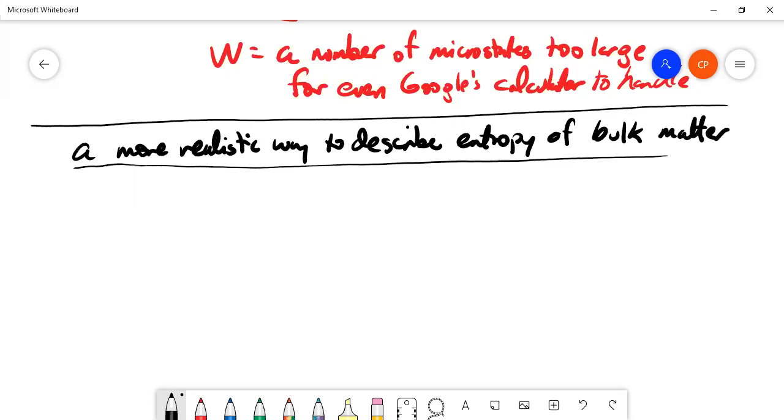And let's talk about it in terms of a glass of water, and let's consider what happens when that glass of water evaporates.